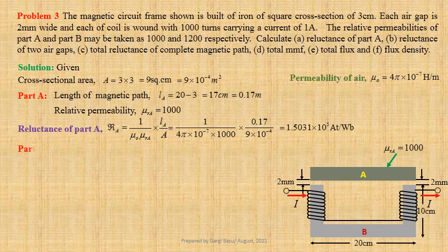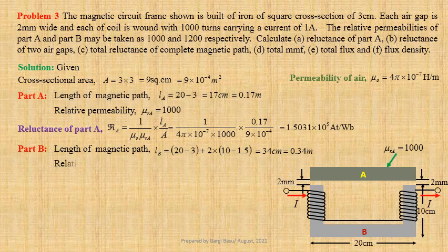For part B, given length of the magnetic path LB equals 20 minus 3 plus 2 into 10 minus 1.5, that gives us 34 centimeters, that is equal to 0.34 meter. Relative permeability mu RB equals 1200.